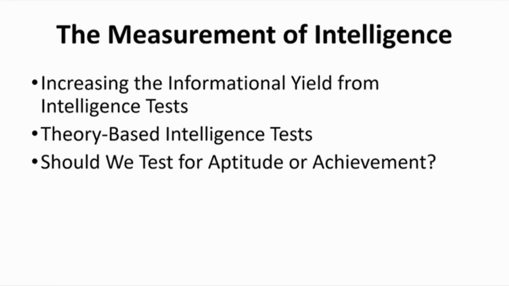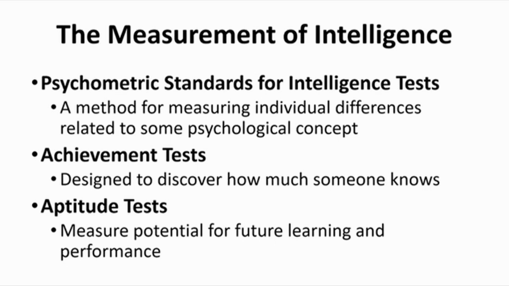And so while we're on this track of critically thinking about these tests and what they're testing and any downsides to them, let's start talking about some of the psychometric standards for these intelligence tests and intelligence tests in general.